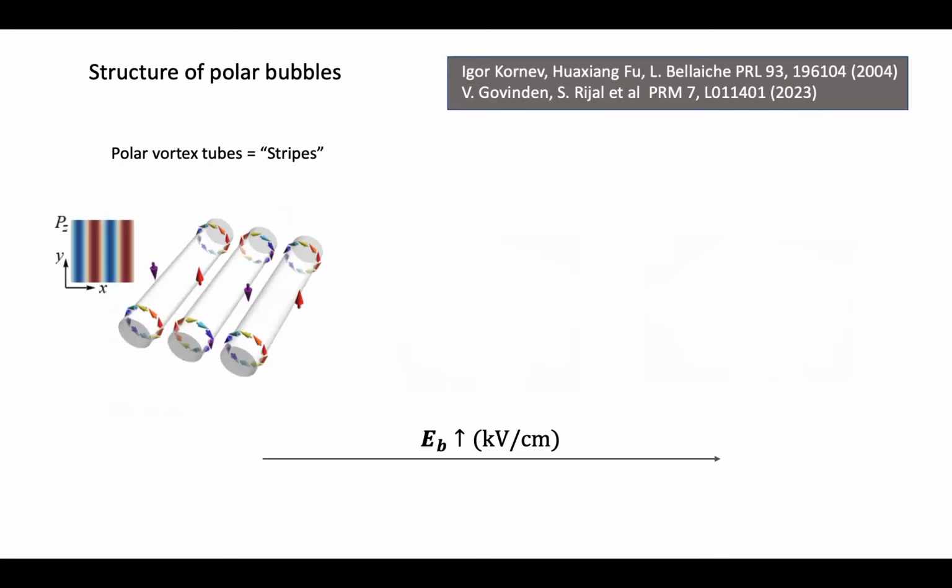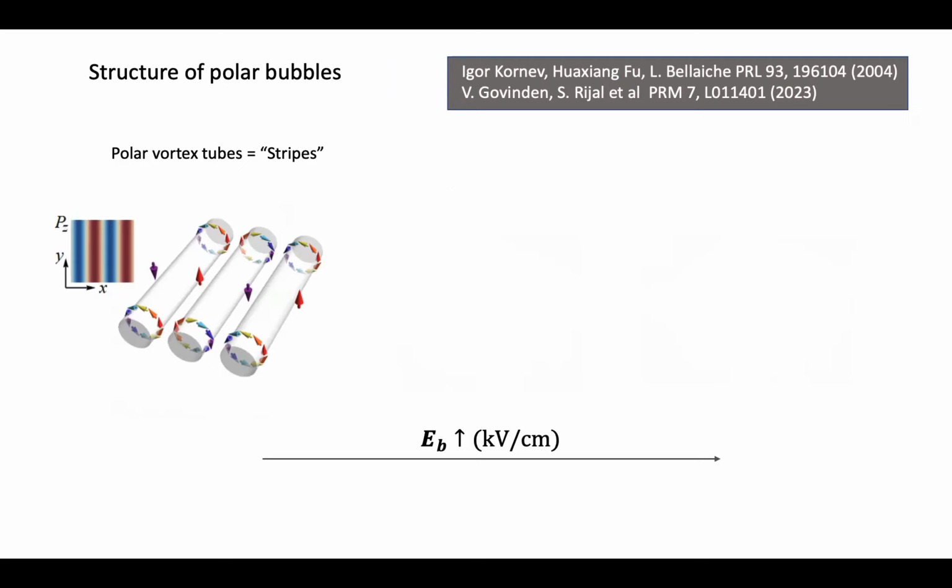Now, this picture allows us to understand the structure of the bubbles really nicely. We start with this nanostripe state, which is reminiscent of stripe domains, with the only difference that instead of domain walls separating up and down domains, we have those vortex tubes.